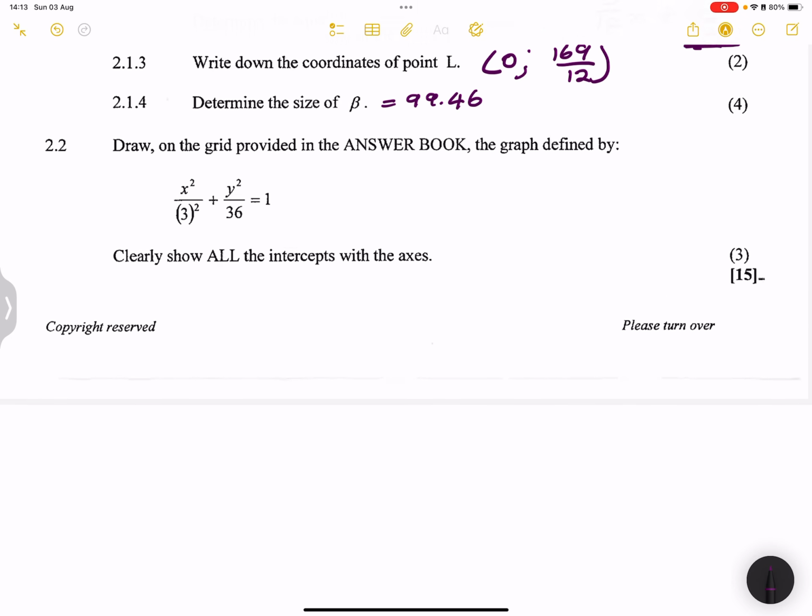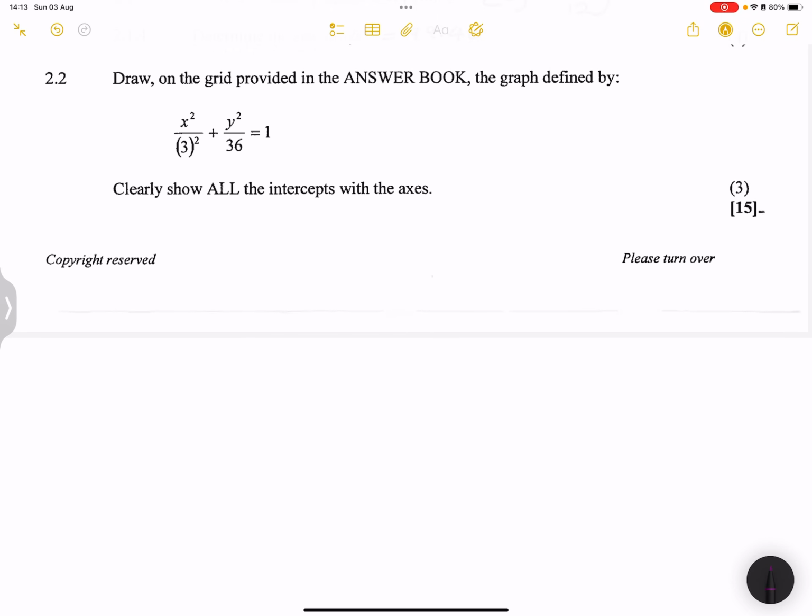Firstly, let's make x, or rather, let's make y 0. So, and find the y-intercept. So our y-intercept would be where x is equal to 0. So that means I'm going to have x squared over 9 plus y squared over 36 equal to 1.